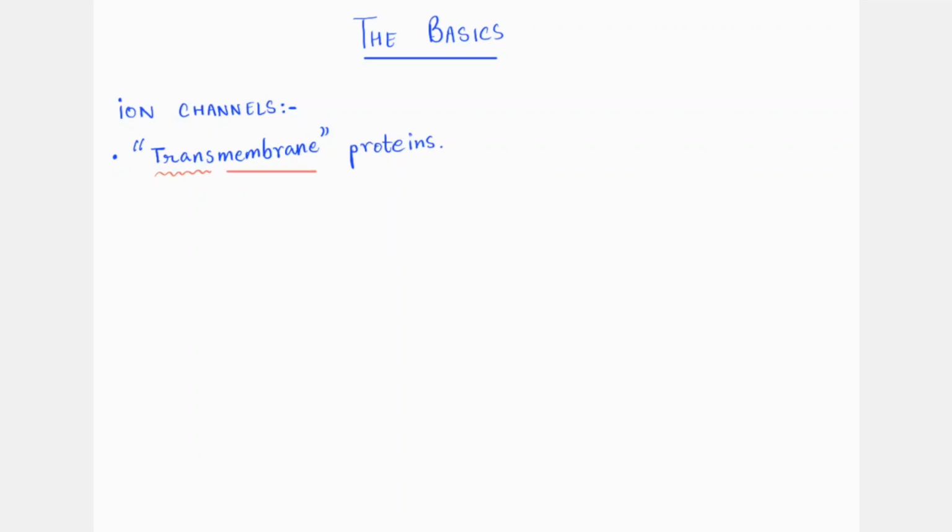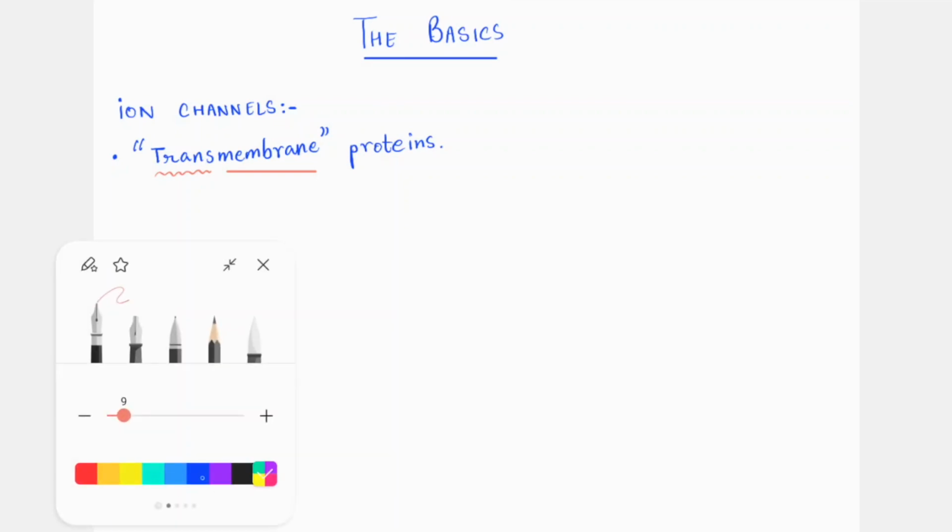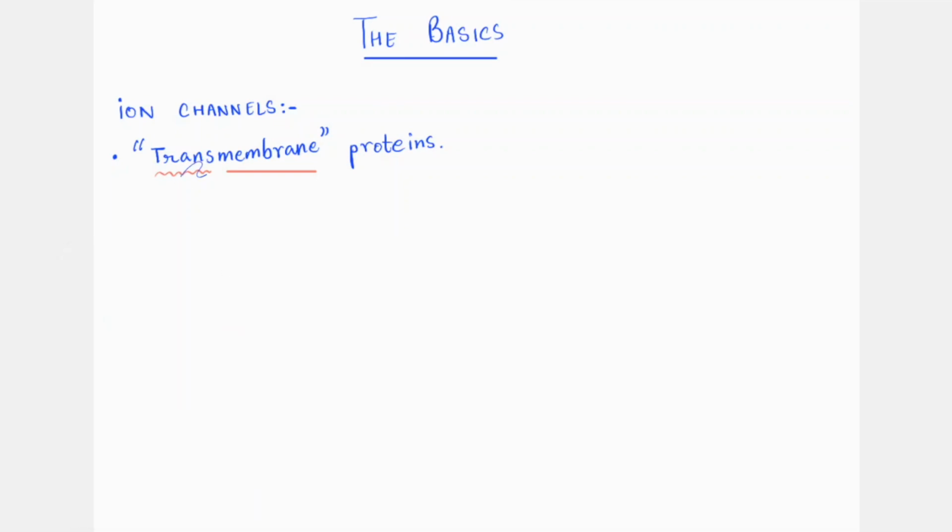It's very easy. Trans means transecting, going through. Transect or go through. And membrane, of course, refers to the cell membrane.